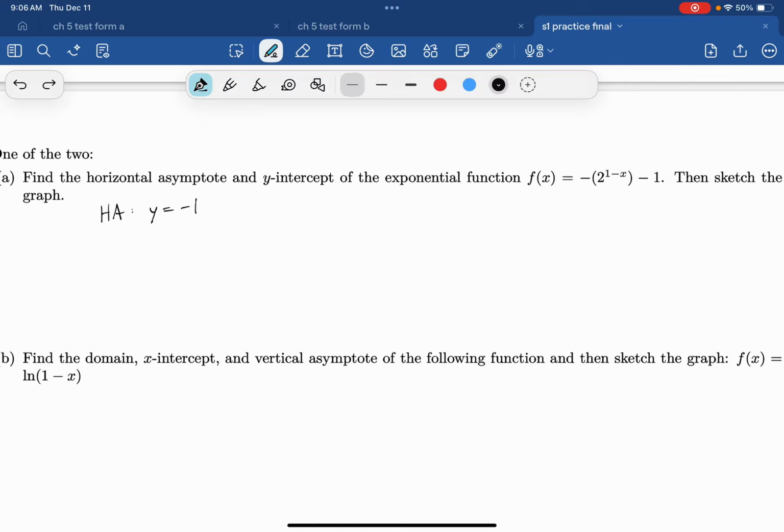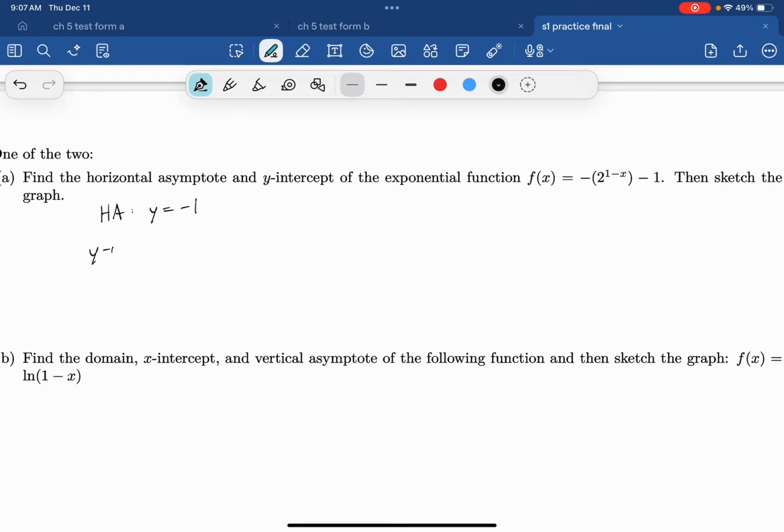Y-intercept, that is not hard to find either. Remember, y-intercept is wherever the graph crosses the y-axis, and so that's wherever the graph has an x equal to 0. And so to find the y-intercept, you just plug in x equals 0 into the function. All right, so we're going to plug in x equals 0.